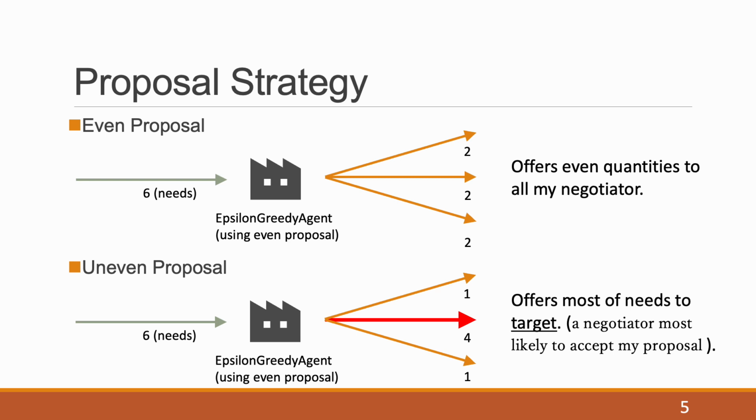When uneven, it distributes 1 to the others and then distributes all the remainder to the target. The target is the negotiator most likely to accept my proposal. On the following slide, we will see the strategy for finding targets.